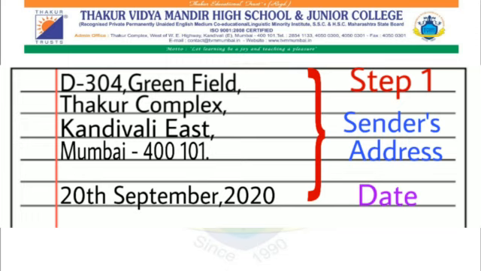You must complete your address in 3 lines with commas in each line, and the 4th line is your city's pin code with a full stop. The address is followed by the date. There should be a line left between the sender's address and the date. After writing your address, leave a line and then write the date.